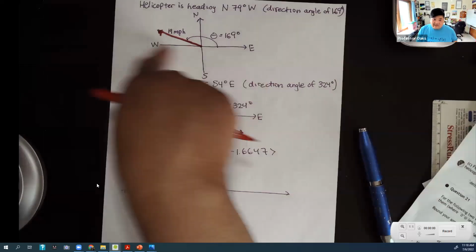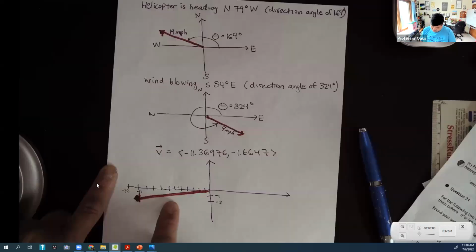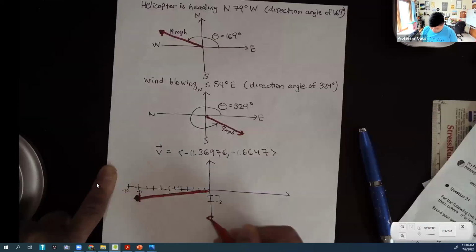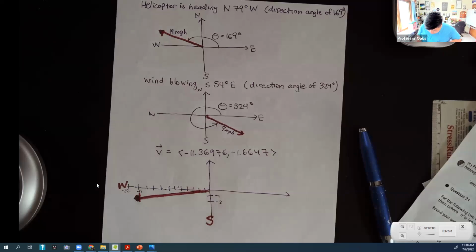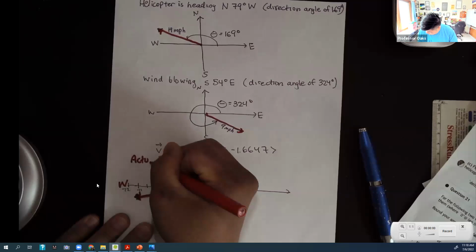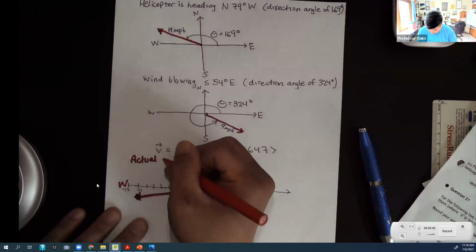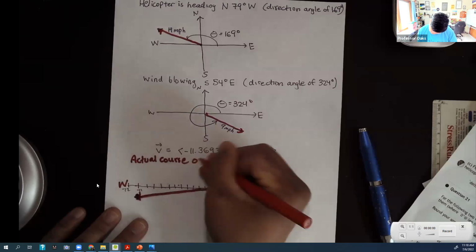Because it's not even going northwest anymore, it's going slightly southwest. So this is the actual course of the helicopter here.